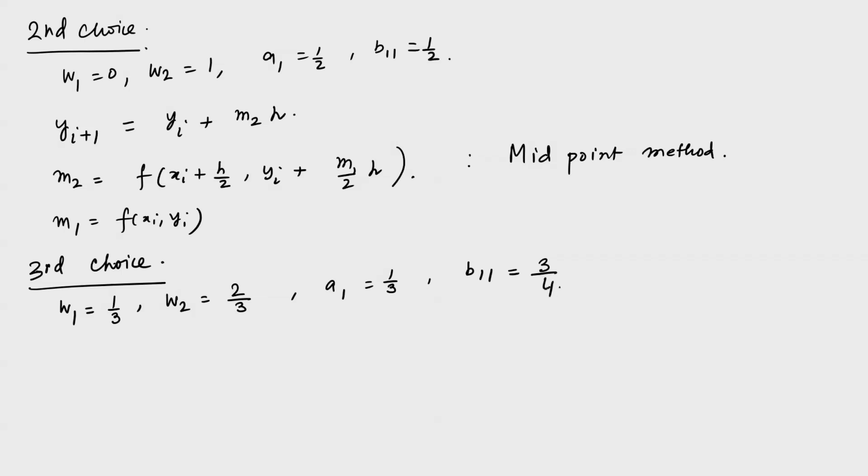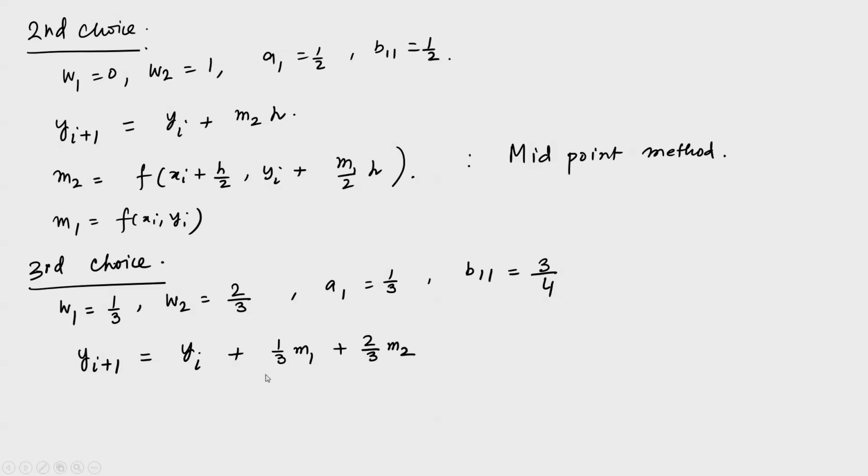Okay. And this is known as Ralston's method. Let us see what the solution is: y_i+1 is equal to y_i plus (1/3 m1 plus 2/3 m2) h.